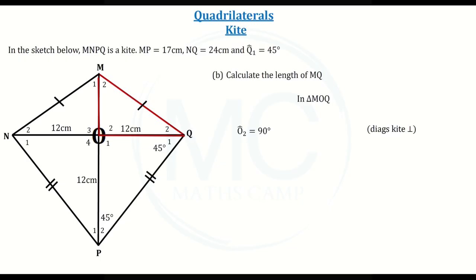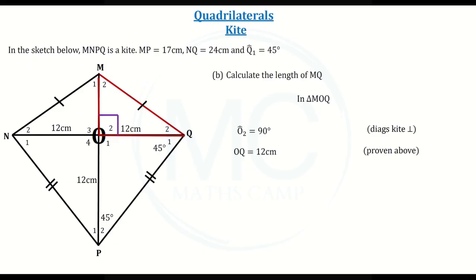So let's draw in a right angle. We also know that OQ is 12 centimeters long. So we can make a note that OQ is 12 centimeters. We proved this in part A. We don't need to prove this again. So as our reason, we say proven above.